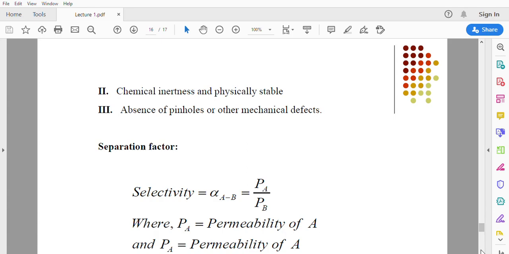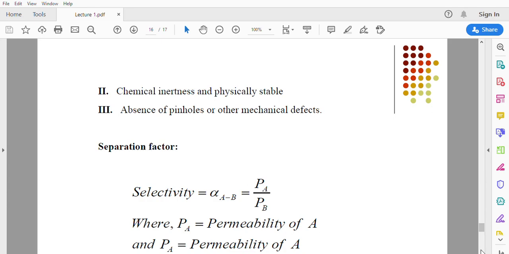When you make a very large membrane, sometimes there are some large pores, and because you are separating two gases whose molecules have very high velocity, pinholes will adversely affect your separation. So there should not be any pinhole in the membrane, as well as other mechanical defects.